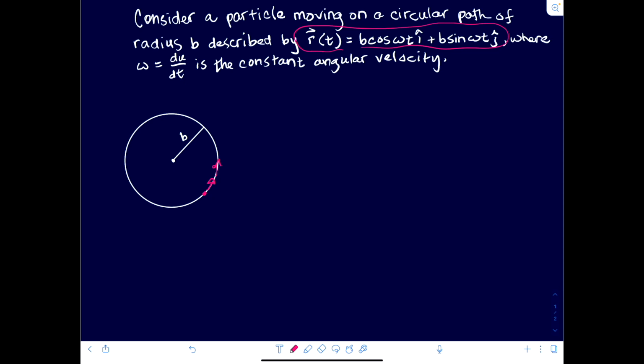So I'll just write that in. Hopefully it's visible. So yes, r at time t is b times cosine omega t times i plus b times sine omega t times the vector j.